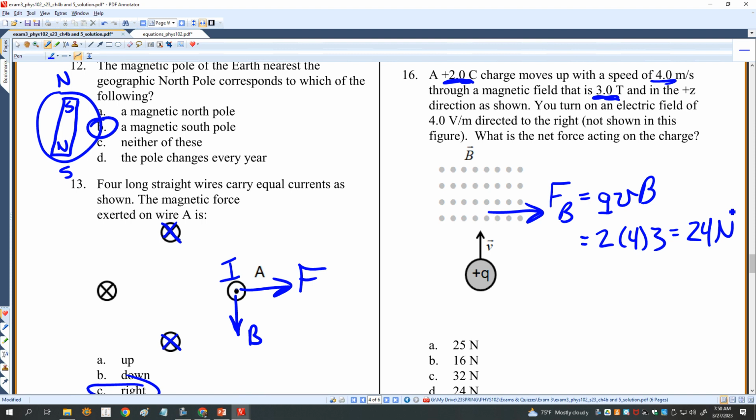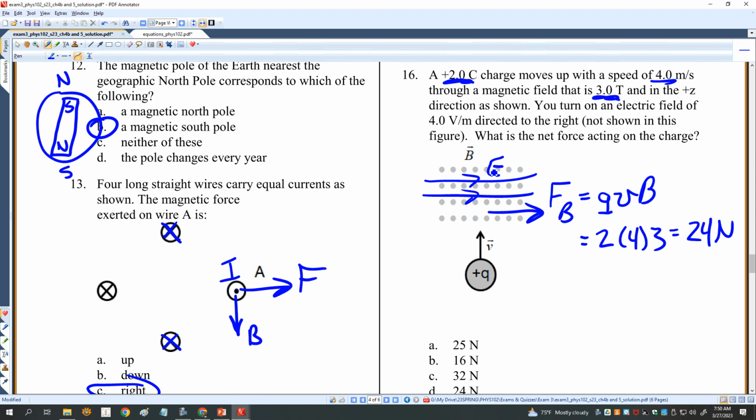I have an electric field that is in this direction. It's common to pair up magnetic and electric fields so that you have two forces, and you can manipulate those forces to move this particle in various places that you want to move it to.